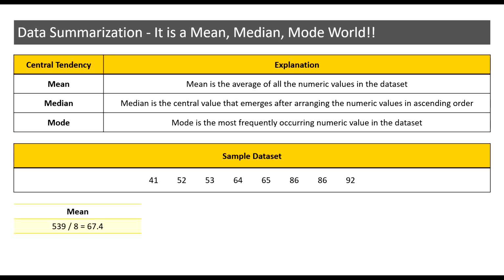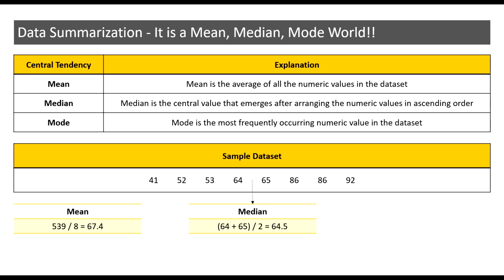The mean value is just the sum of all these marks divided by the number of students, that is 539 divided by 8, which yields a value of 67.4. The median value is just the central value after arranging the data in ascending order. The data here, as you can see, is already arranged in ascending order.